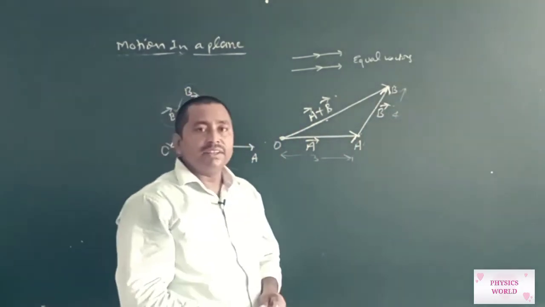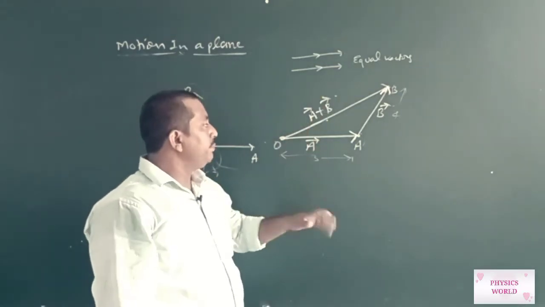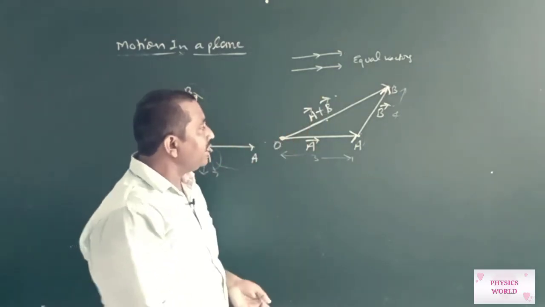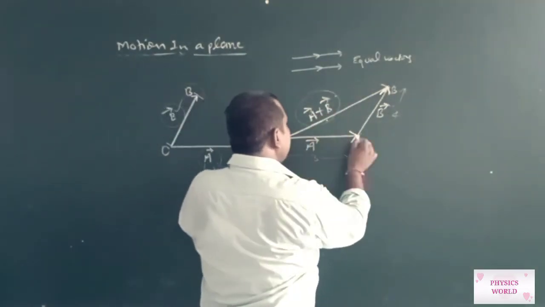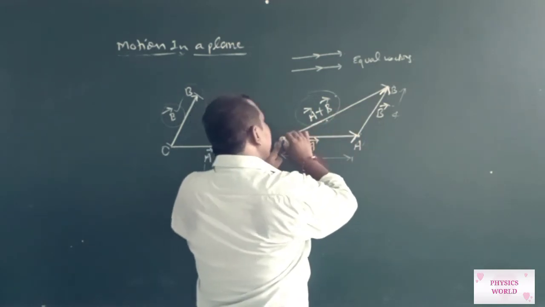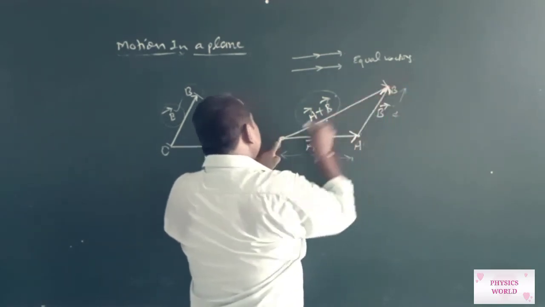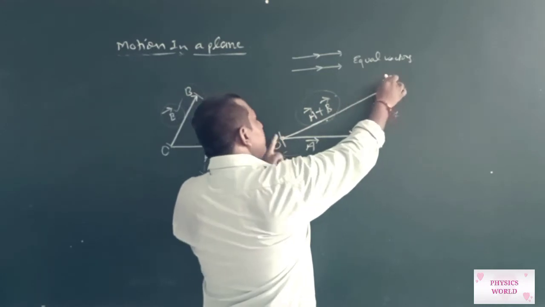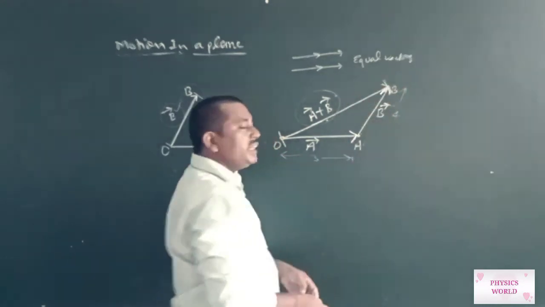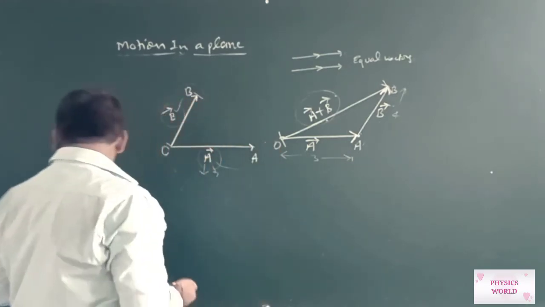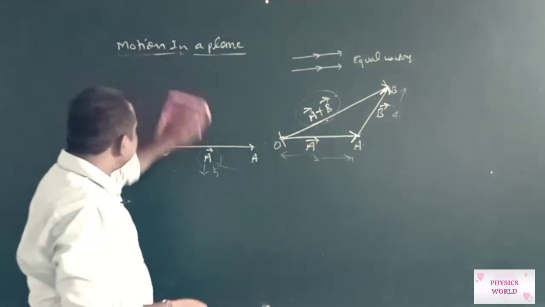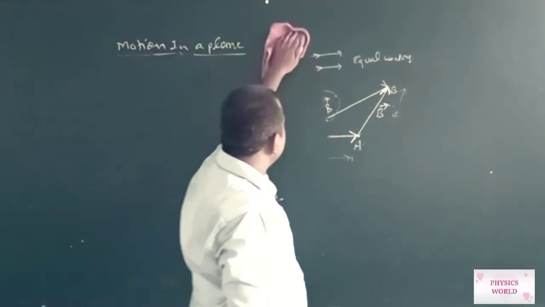But in vector algebra, this will not be equal to 7, because vectors are added by the vector addition method, and the vector sum of these two vectors will be the length of the line starting from O to B. So by measuring the length of this line, we can write the vector sum of these two physical quantities. Okay, so this is all about vectors and the triangle law.